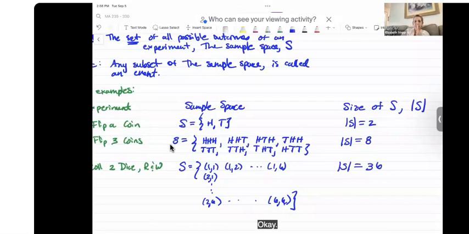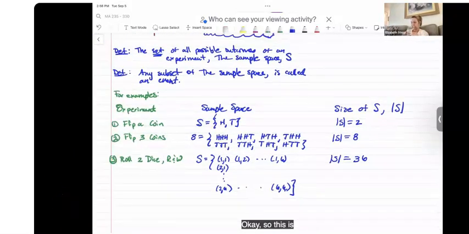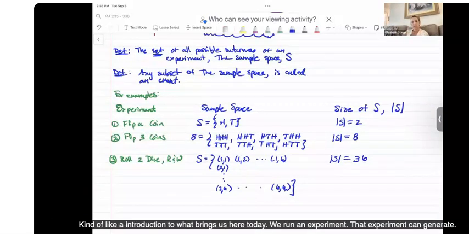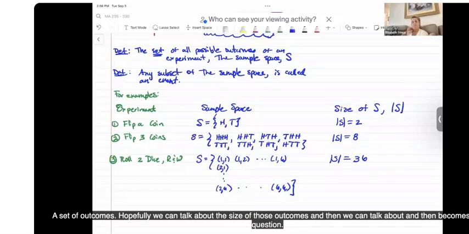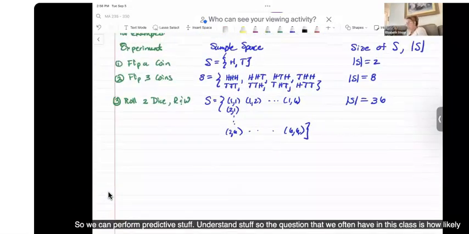Okay? Okay, so this is kind of like an introduction to what brings us here today. We run an experiment. That experiment can generate a set of outcomes. Hopefully we can talk about the size of those outcomes, and then the question becomes, so we can perform predictive stuff, understand stuff.